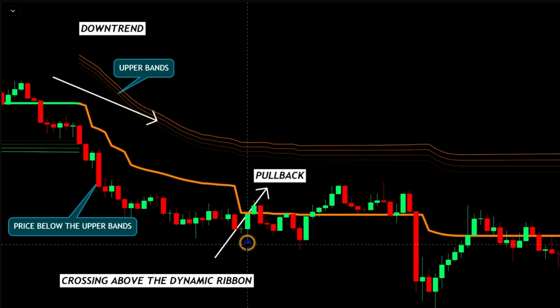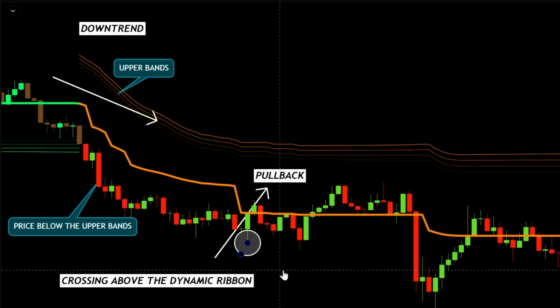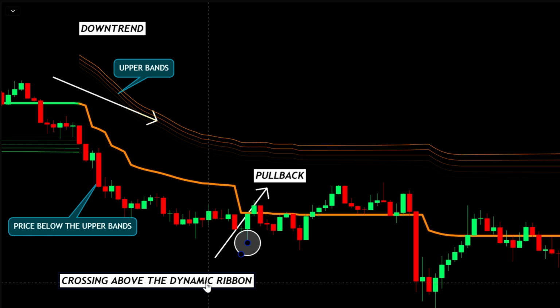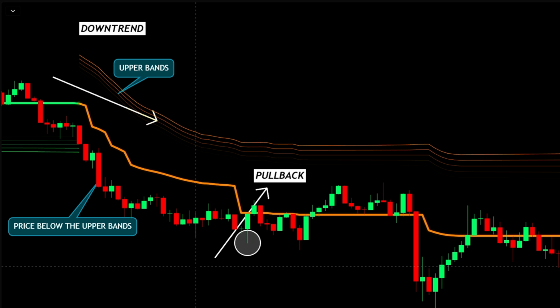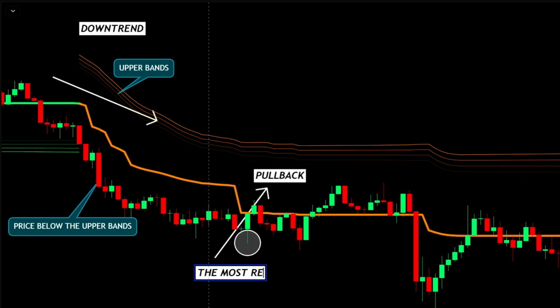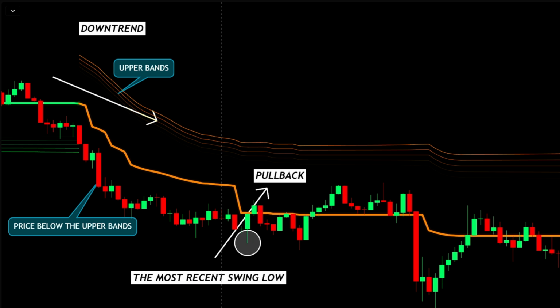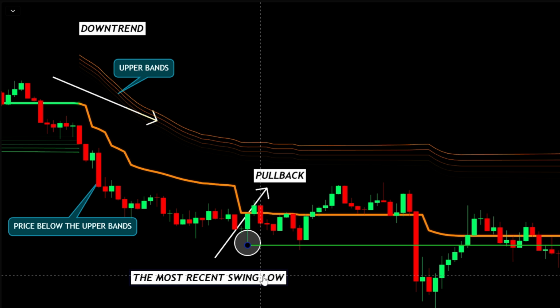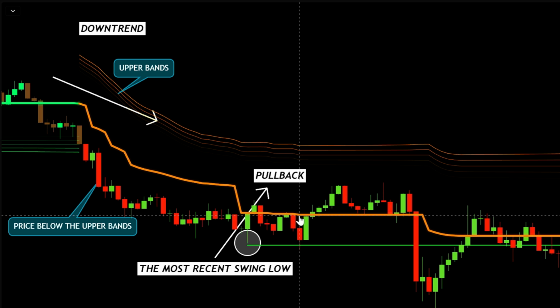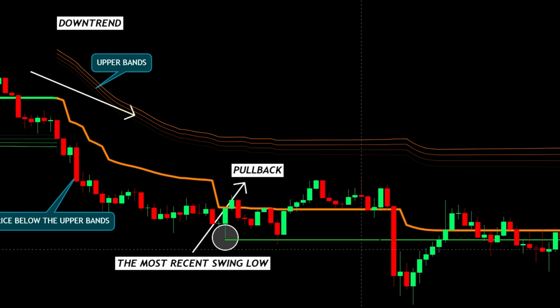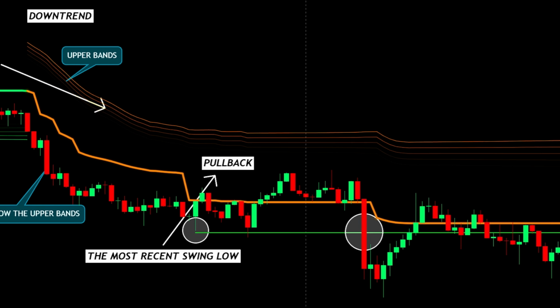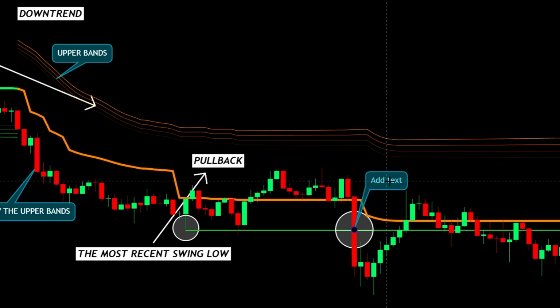Now grab a horizontal line and mark the most recent swing low. Now we wait. Price needs to move back below the center line and also break below the swing low. That breakout candle is your trigger candle for a short trade.